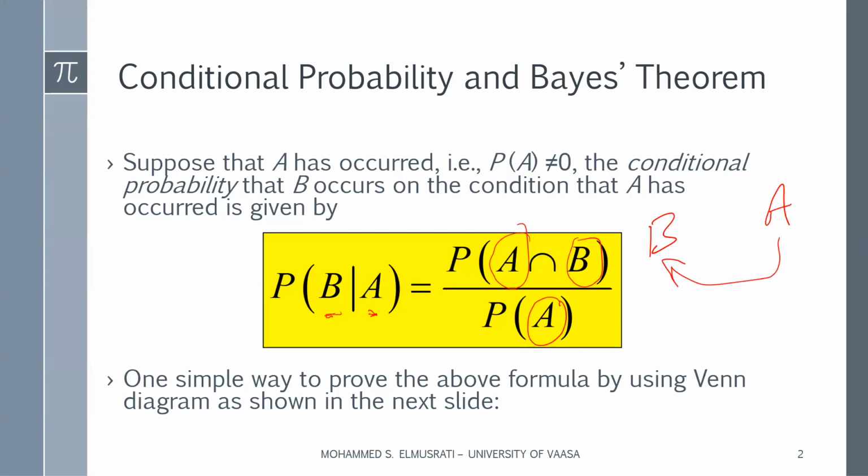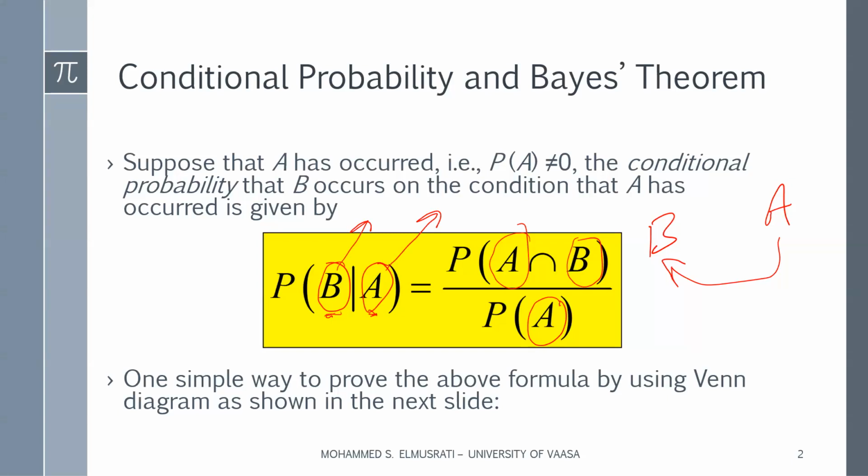Let's say, the relation between the temperature and the blackout: what is the probability that we will have a blackout in electricity given that the temperature is greater than, for example, 45 degrees? They are related. So now we have this condition.